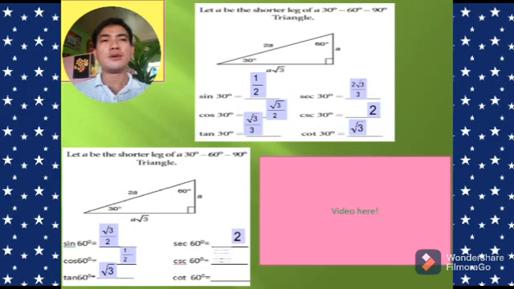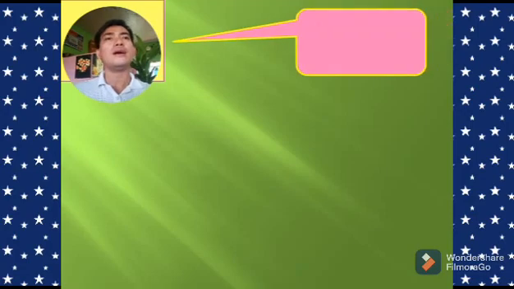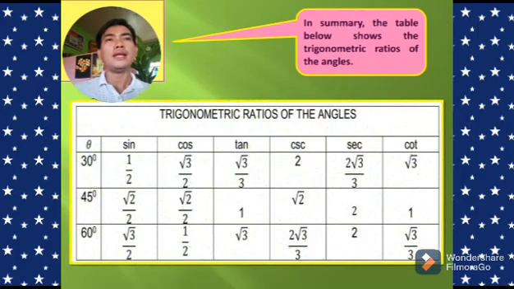Cosecant 60 is equal to 2 square root of 3 over 3. And lastly, we have cotangent 60 is square root of 3 over 3. Is that clear now? Here, in summary, the table below shows the trigonometric ratios of the angles. Let's take a look.